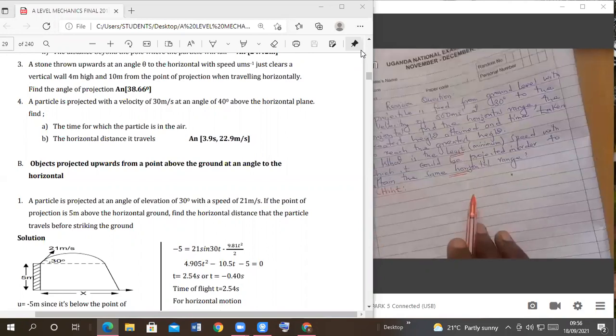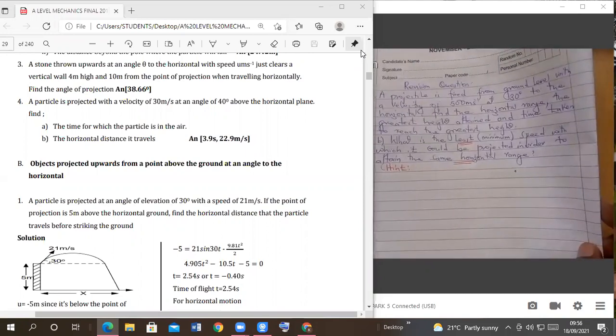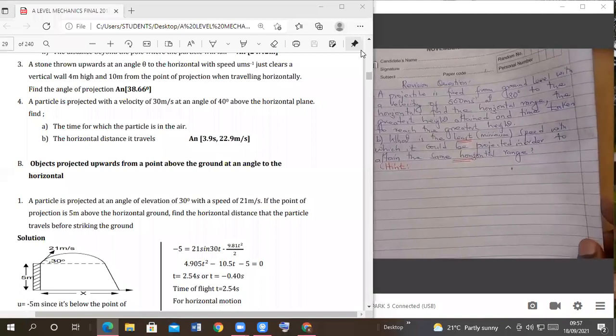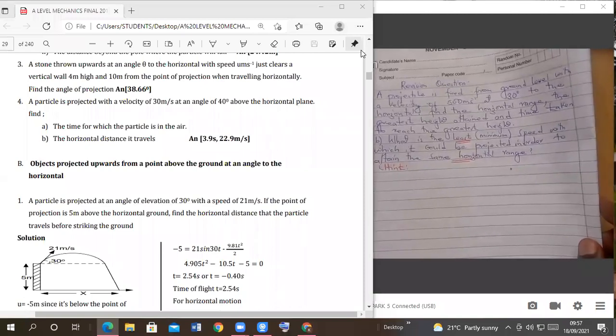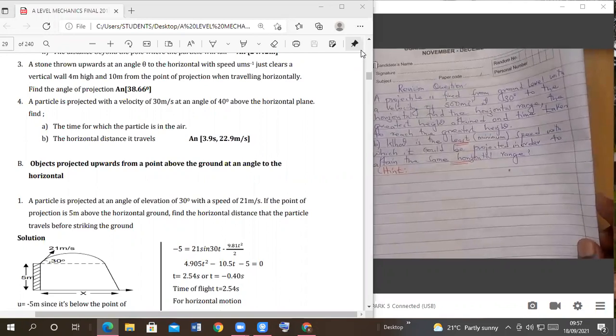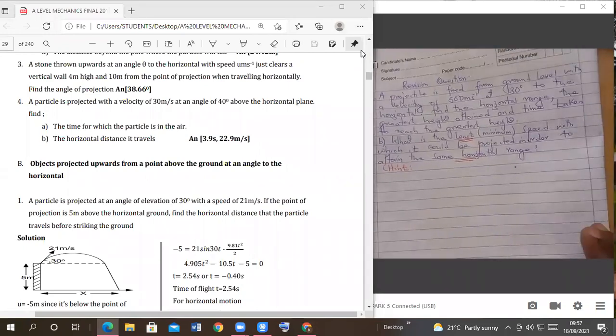Because if we are using two different velocities to give us the same range, that horizontal distance must be maximum. Which means you must know how to get maximum range. And we said maximum range occurs when what? What's the condition for maximum range?